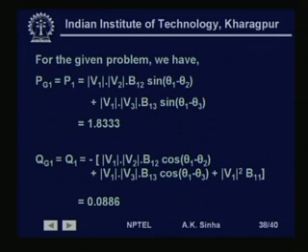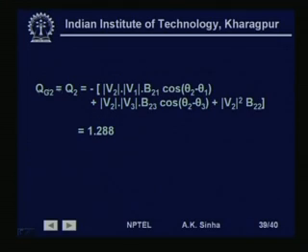Using this value of V and delta for all the buses, since they are known, if we substitute in the equation for P g 1 and Q g 1, we get P g 1 as 1.833 per unit and Q g 1 as 0.0886 per unit, and Q g 2 as 1.288 per unit. So, this is the complete solution for this network.